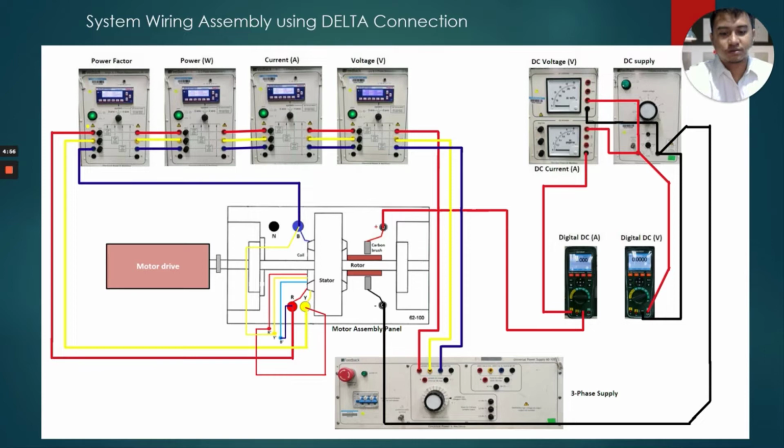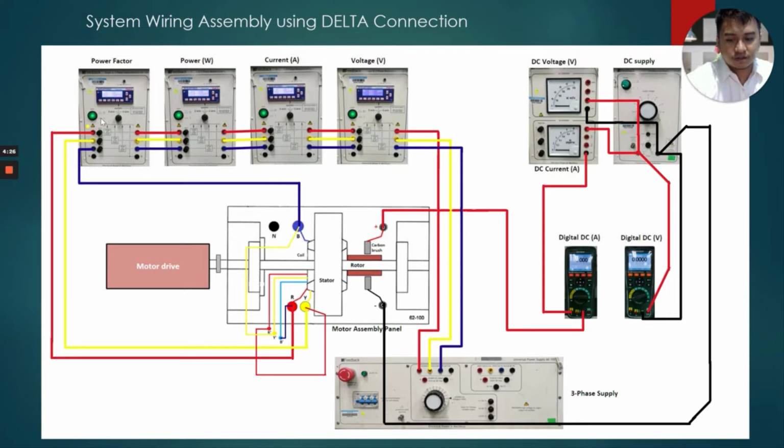Okay, for system wire assembly using delta connection, from the three-phase supply there are three lines, which are red, yellow, blue. From the three-phase supply, it will connect to the digital power meter, which has been set to voltage, current, power and power factor.